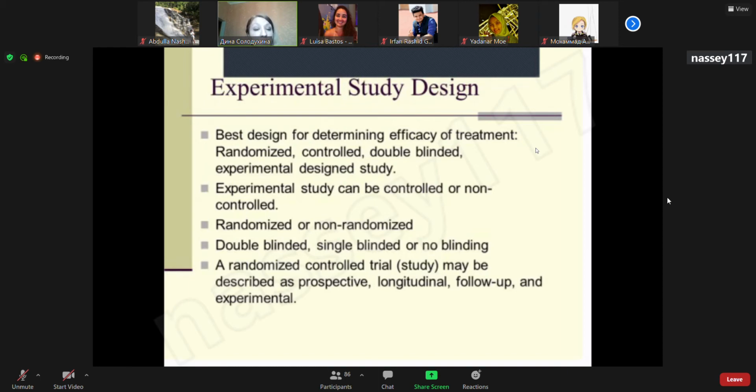Different techniques for experimental study design distinguish some peculiarities of this design. Let's say we can have controlled study and non-controlled study, randomized study and non-randomized, double-blind. I will talk about this now.